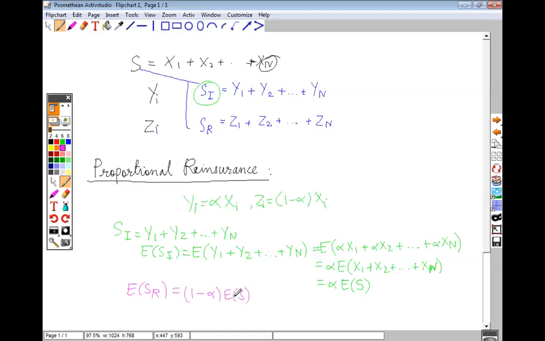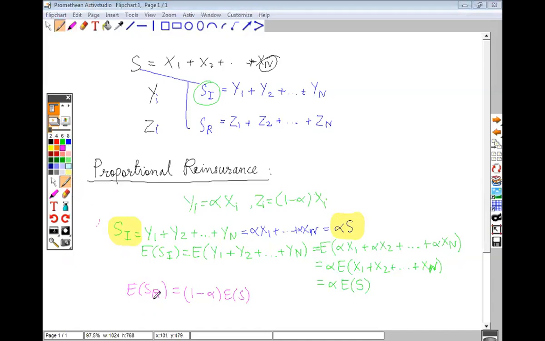So again, you can also see that, instead of just writing the expectation, even my SI I can rewrite as alpha times x1 plus till alpha times xn. So even this would be just alpha times S. So my SI is just alpha times S, right? And so would your SR be.